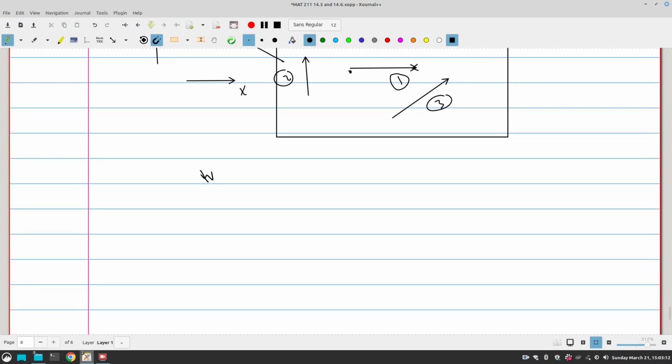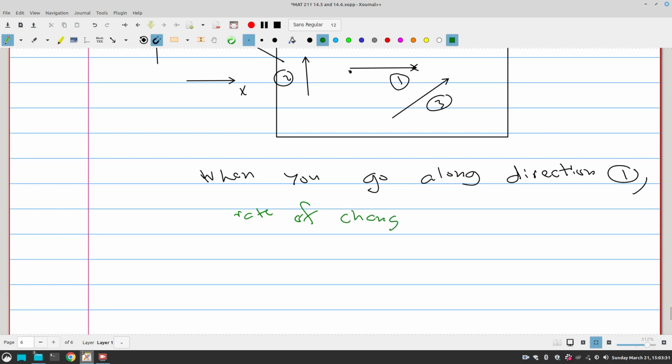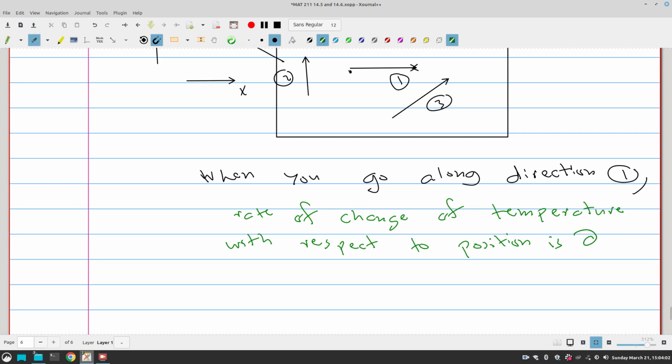When you go along direction 1, the rate of change of temperature with respect to, sorry, with respect to position, not direction, with respect to position, is partial derivative T with respect to x, right?